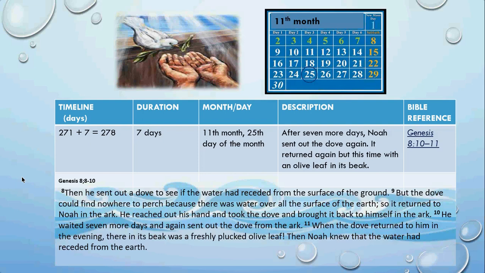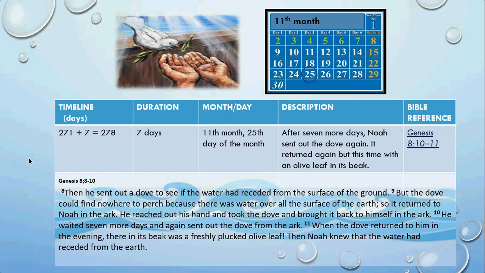And so it returned to Noah in the ark, and he took the dove back to himself. He waited 7 more days and again sent out the dove from the ark. And when the dove returned to him in the evening, there in its beak was a freshly plucked olive leaf. Then Noah knew that the water had receded from the earth.